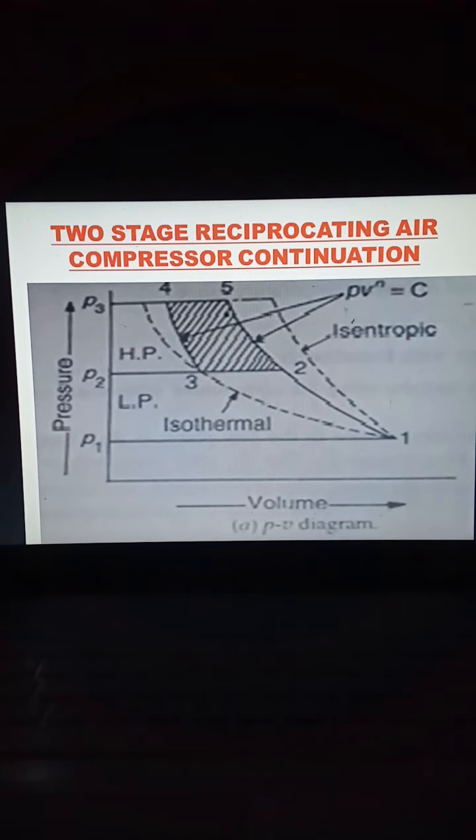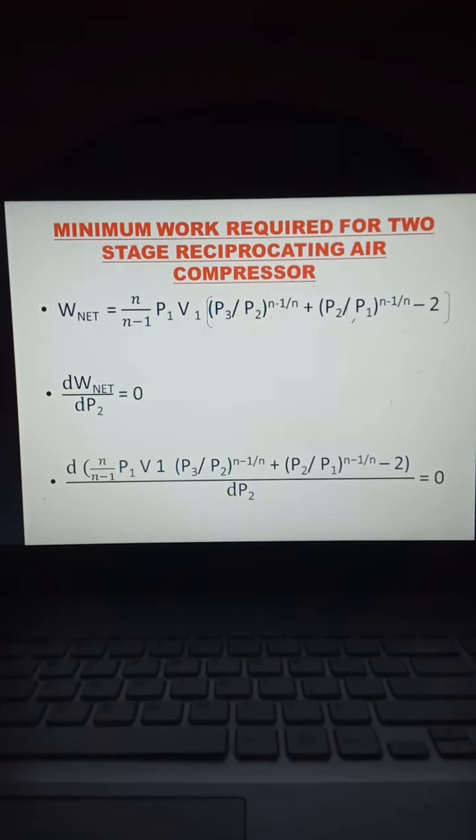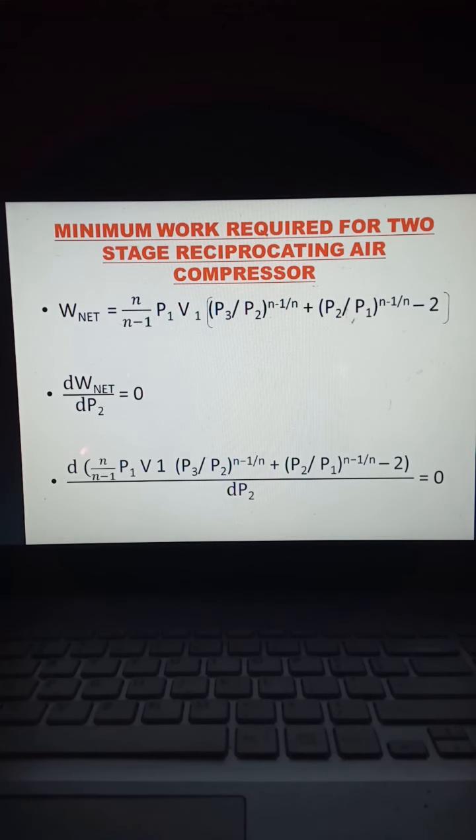So P2 is a varying quantity and depending upon the value of P2, the work will be minimum or maximum. So for obtaining the minimum work, we differentiate the above equation and equate it to 0.